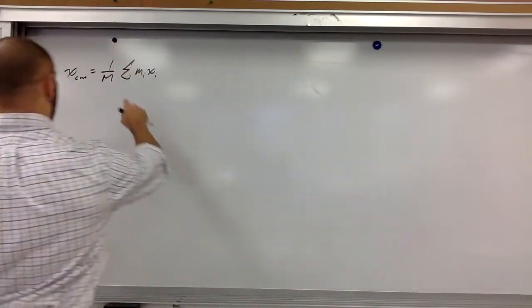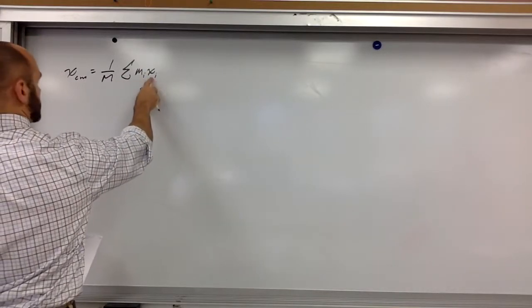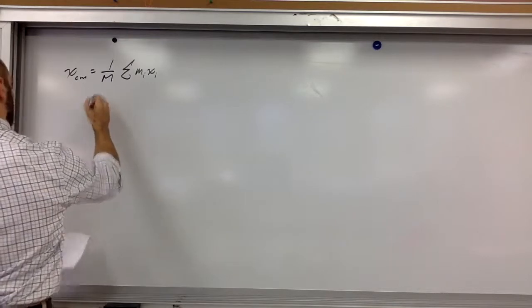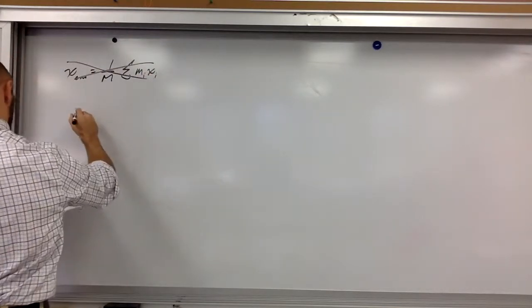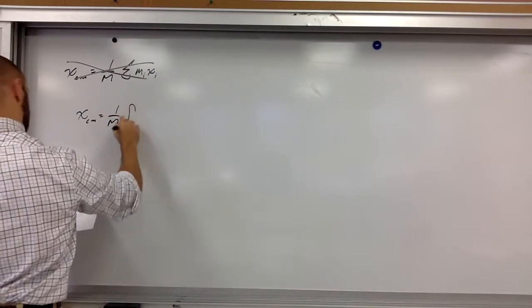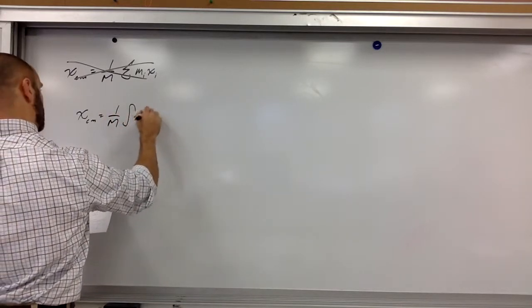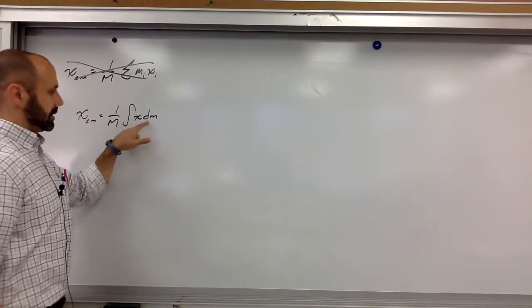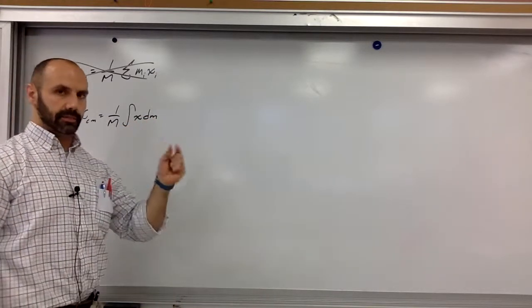So we imagine that this is getting closer and closer to 0, and what we end up with now, our new formulas, look something like this. Right, so we're multiplying the position by that tiny little piece of mass.